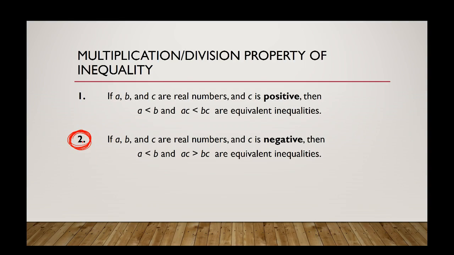If A is less than B and I want to multiply both sides by C, I could do that and nothing would happen. It would keep everything equivalent. But that only works if it's a positive number. If I want to do the same thing but multiply each side by a negative number, notice what it does to the inequality.